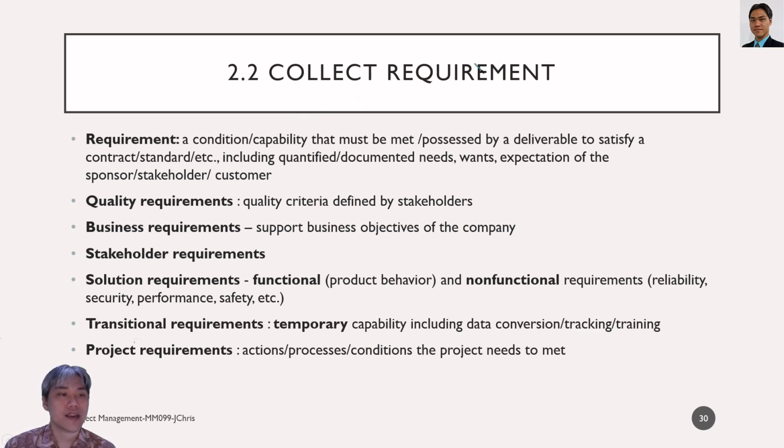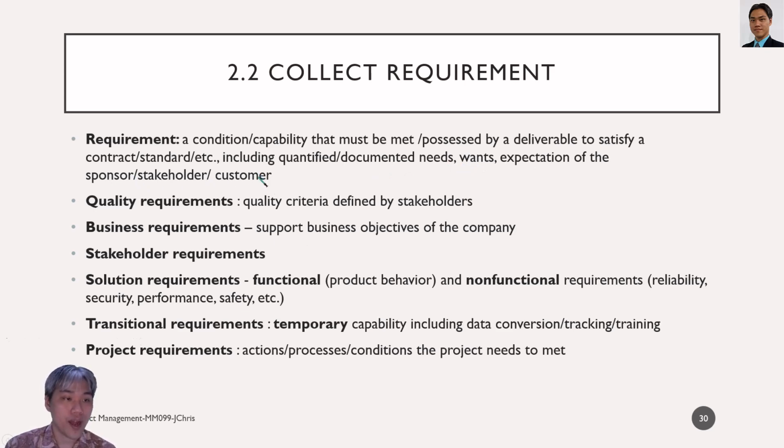Second is collect requirements. A requirement itself is a condition or capability that must be met or possessed by deliverables to satisfy a contract, standard, etc., including the quantified and documented wants and expectations of sponsors, stakeholders, and customers.